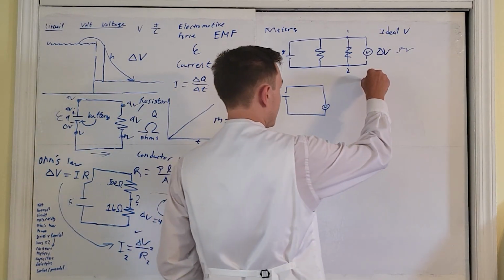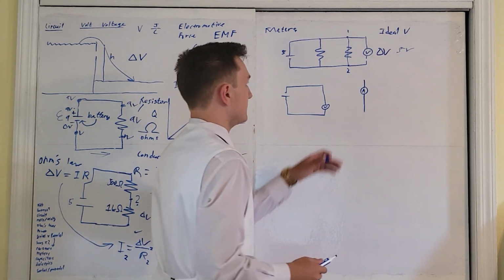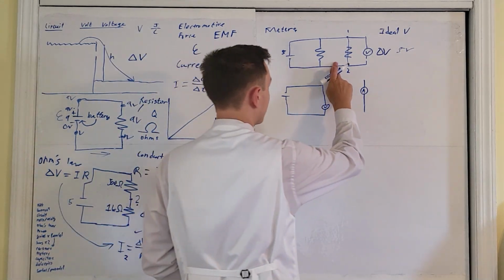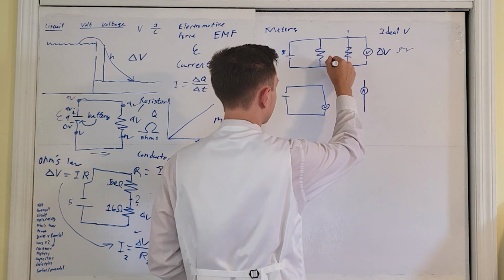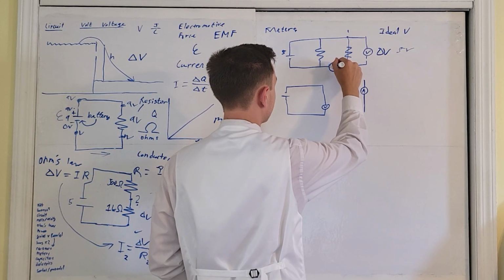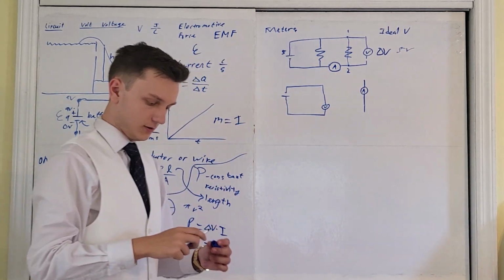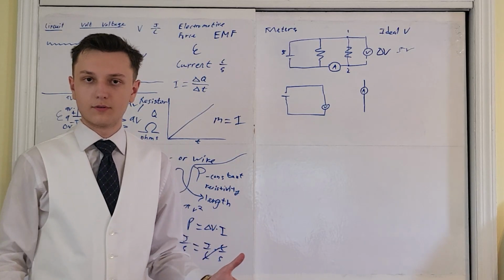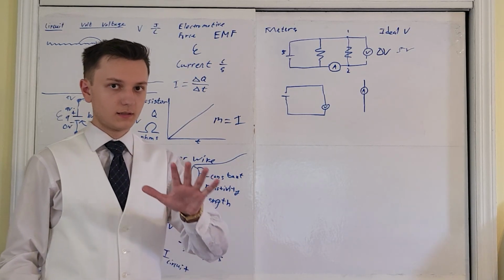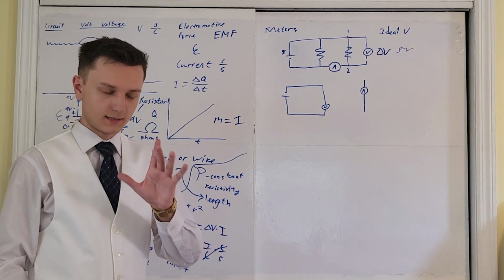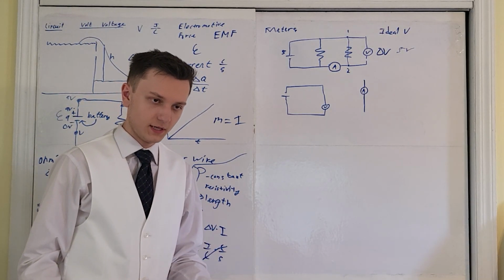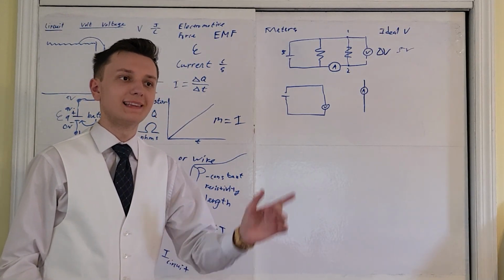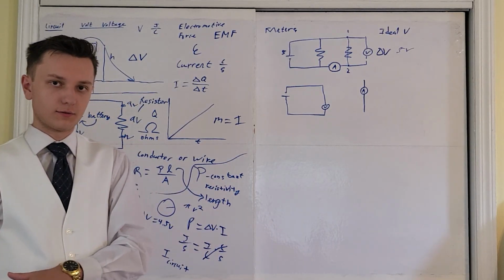An ammeter, on the other hand, would be depicted to you as such, and it would connect to your circuit like this. Now the ammeter allows infinite current to flow through. That doesn't mean infinite current flows through the ammeter. It means that the ammeter allows any amount of current to flow through it.